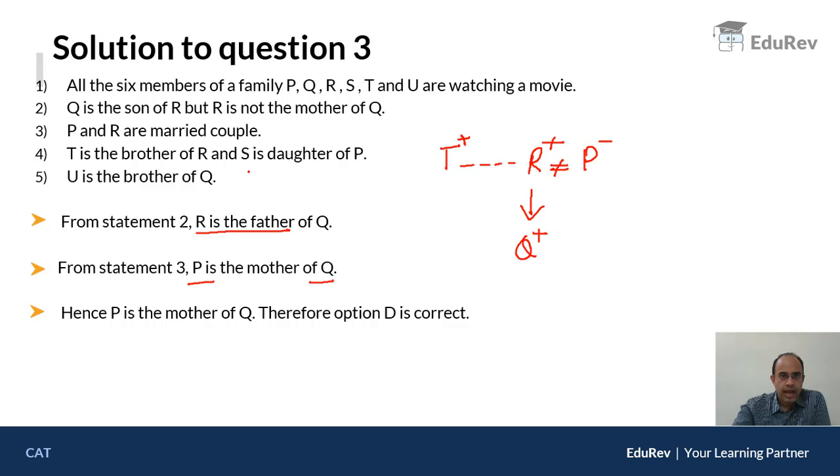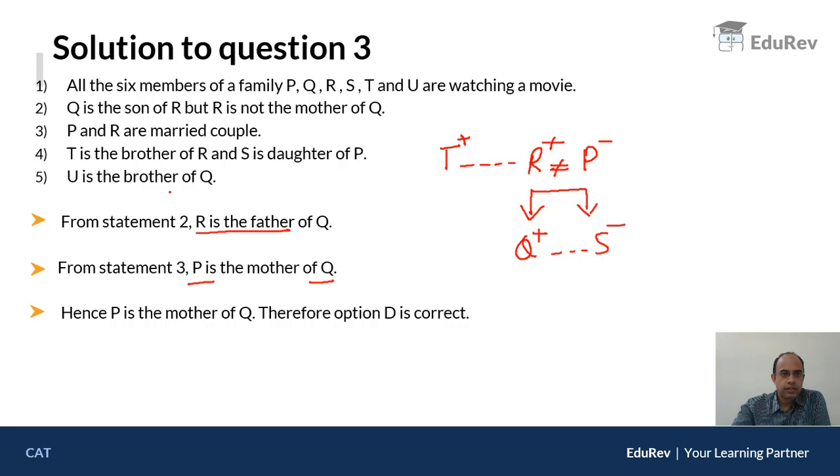It's fine. And S is the daughter of P. That means they have got one more child, and that child is S. S is a daughter, that means she has to be a female. And Q and S are siblings, so siblings are denoted by dotted lines. So I have given dotted lines here.